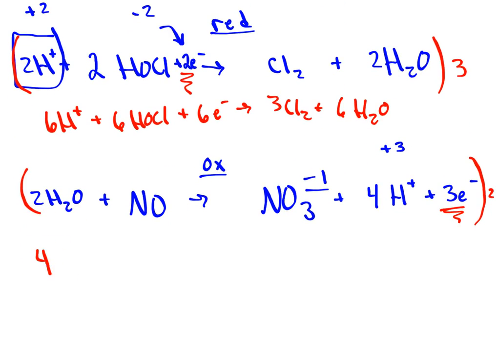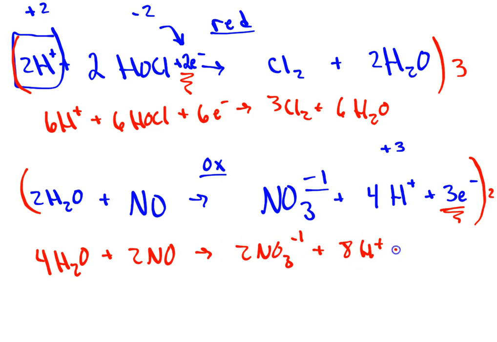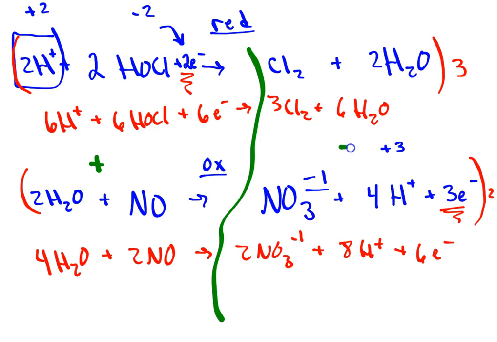All right, 4H2O plus 2NO goes to 2NO3 minus 1 plus 8H plus 6 electrons. Now, I'm going to add these. Okay, here's my arrows. So I'm going to add these parts.